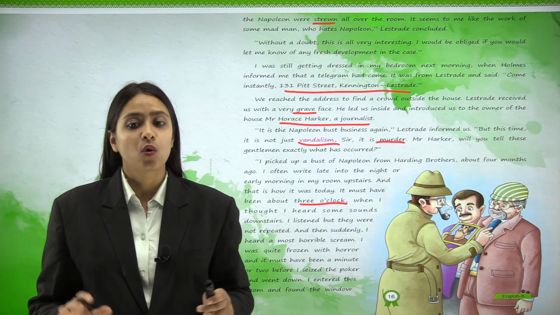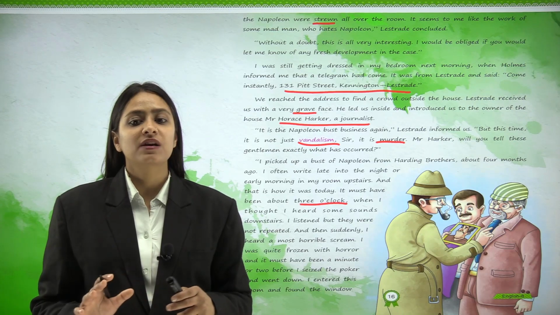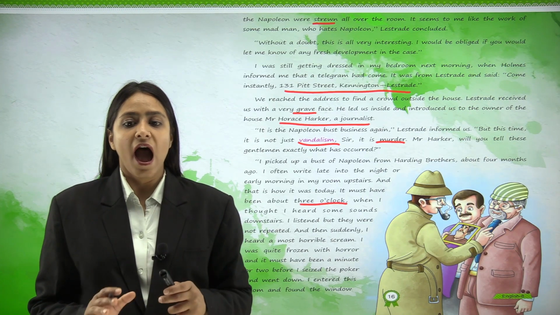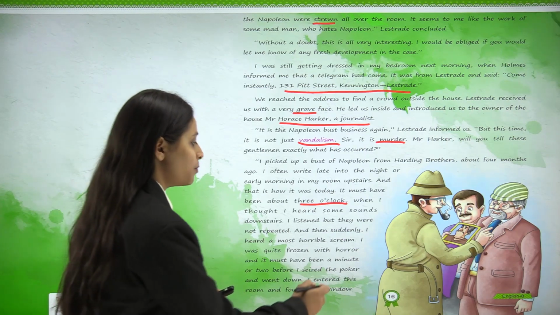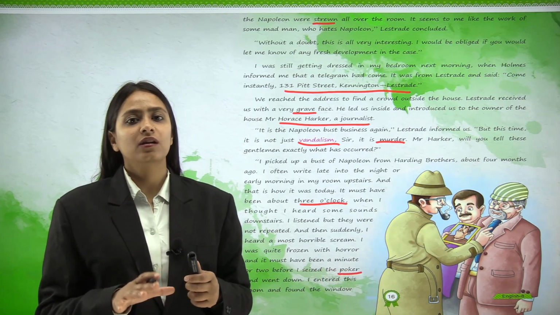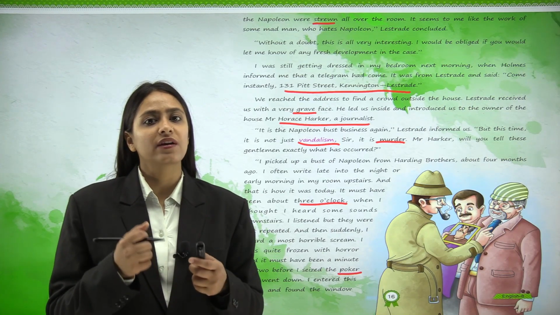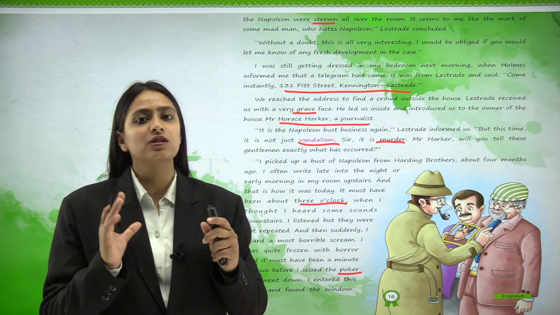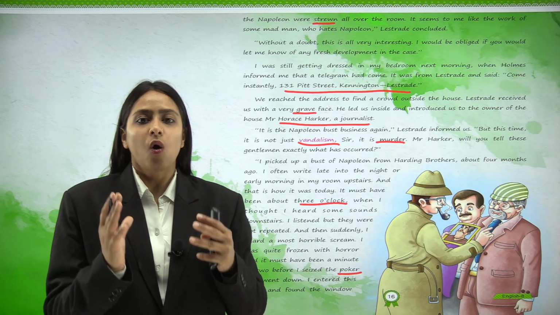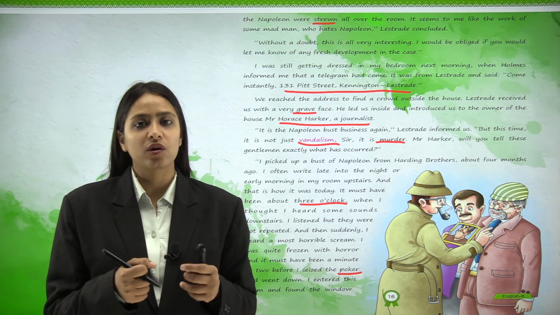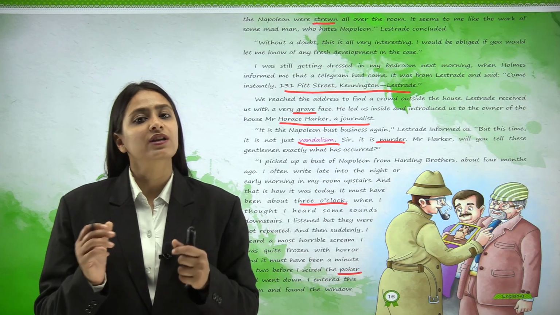I was quite frozen with horror, and it must have been a minute or two before I seized the poker and went down. So what do we mean by poker here, students? It is a kind of stick. So Horace was very afraid by the horrible scream that he just heard. So he picked up a poker, a little stick, and went down.